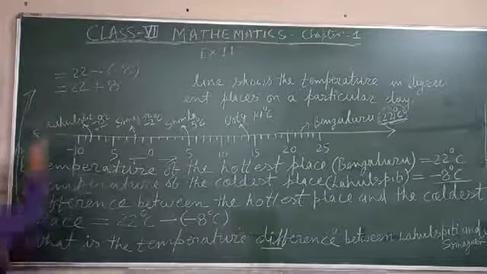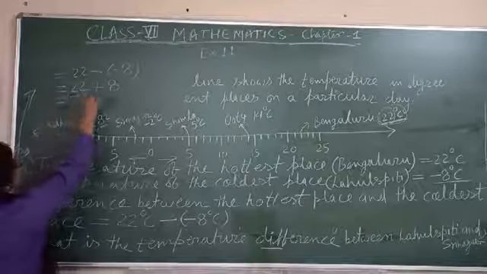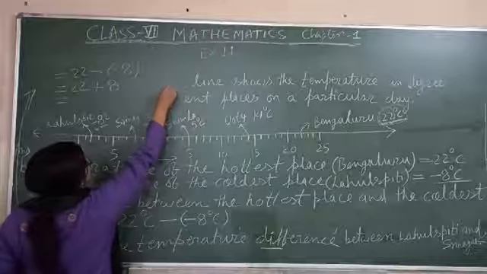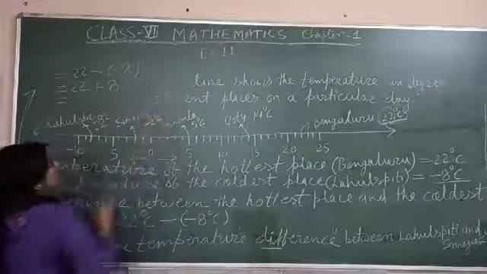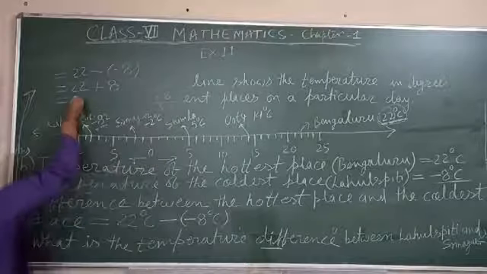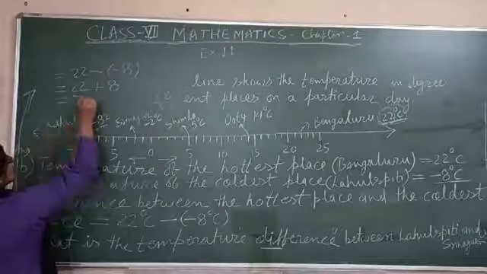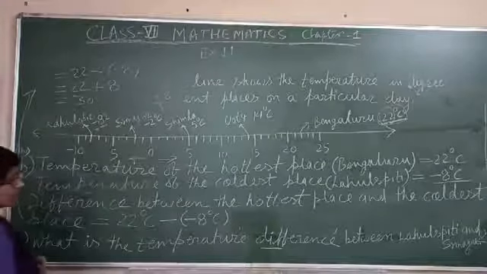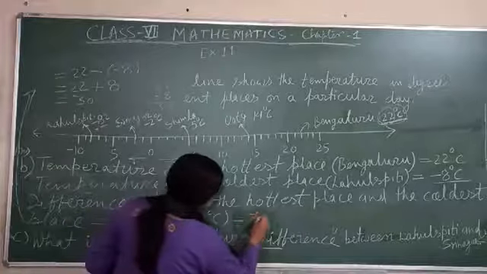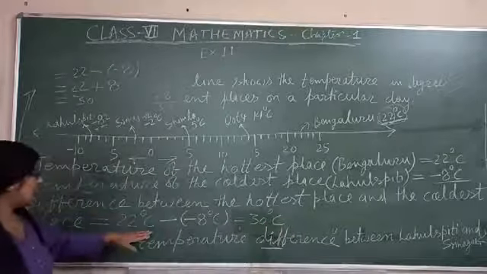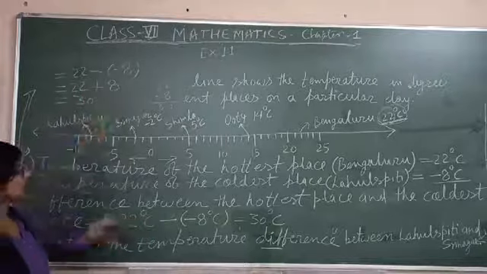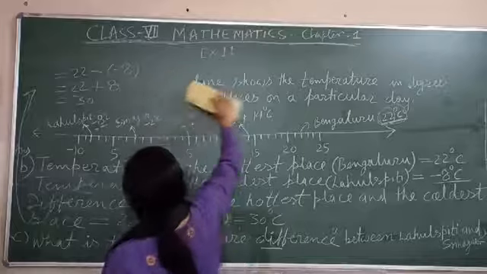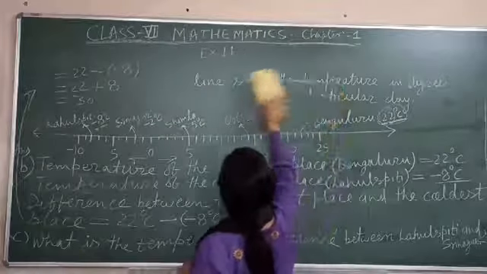So temperature will be 22 plus 8. 8 plus 2 is 10, and here 3, so it will be 30. But we will not write only 30. Here we will write 30 degrees Celsius. And you have to do the whole thing just that way. Okay, that is the solution of the second question.